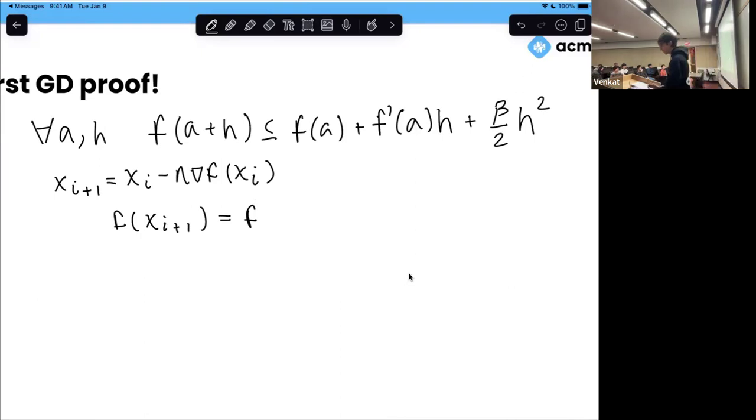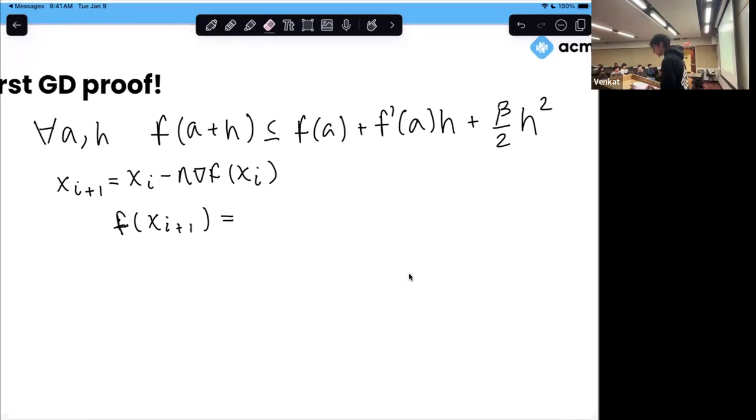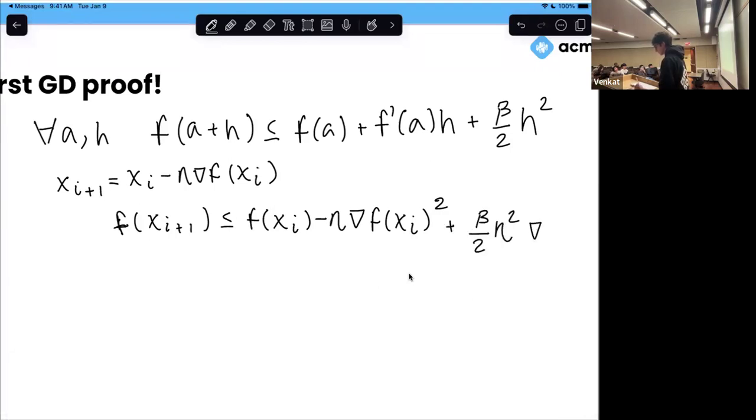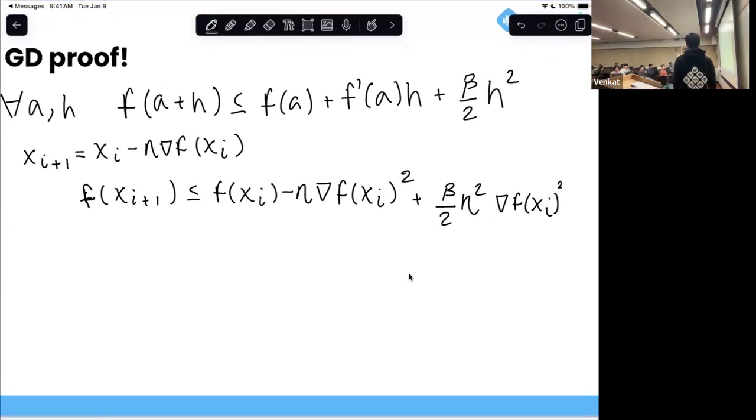So basically what we are saying is on the next iteration, we will always be less than or equal to this value. So basically all I did is I just said a is equal to x_i, h is equal to negative nabla times the gradient. Okay, this is still a little bit of an ugly looking function.